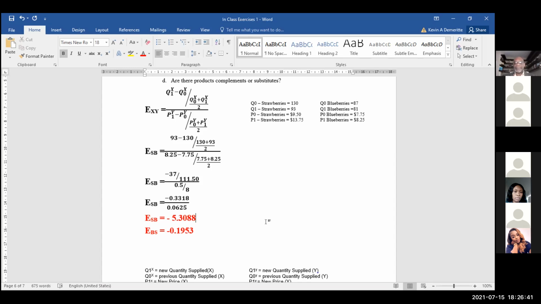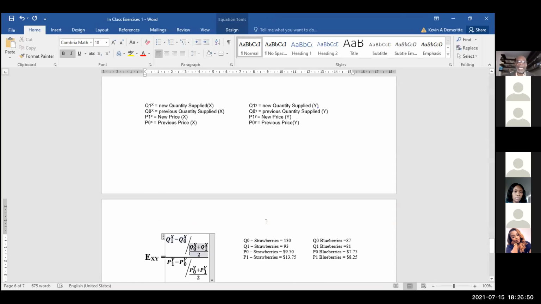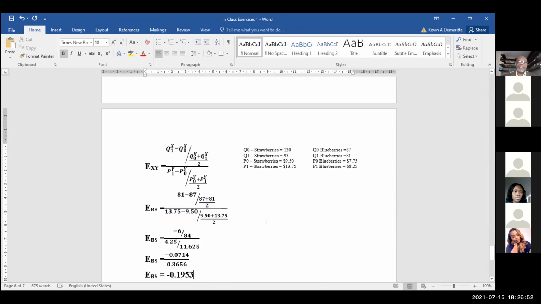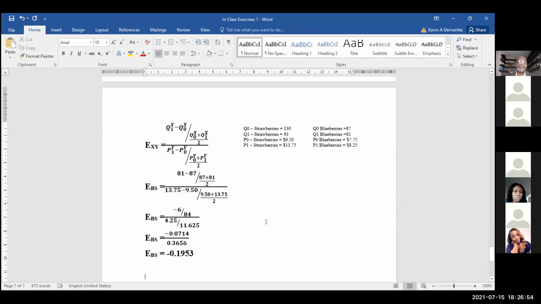I have a question, Mr. Demary. Could you go back to the previous equation you just worked? The last one? Yes, sir. This one right here. Okay, I notice coming down from the equation, 81 minus 87 divided by 87 plus 81 divided by 2, this divided by 2, are we not doing anything with this right here?